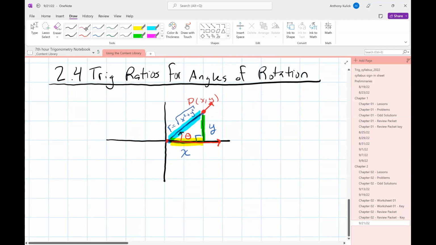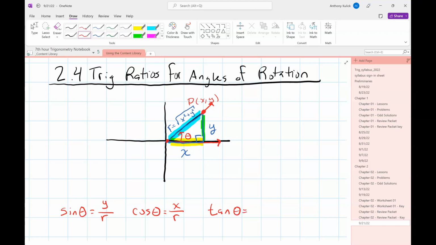All right, so if I use this drawing, sine theta would be equal to opposite, which is y, over hypotenuse, which is r. Cosine would be adjacent, which is x, over hypotenuse, which is r.